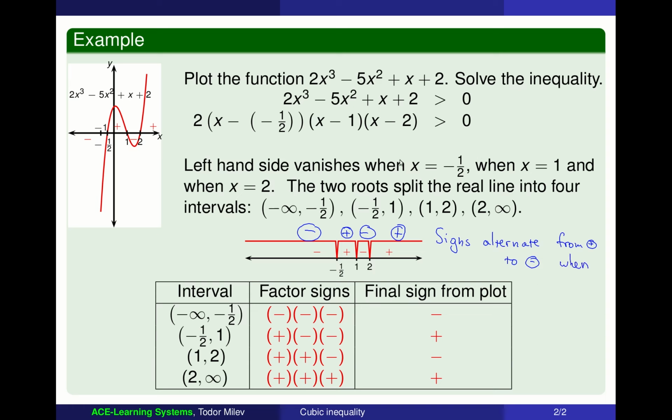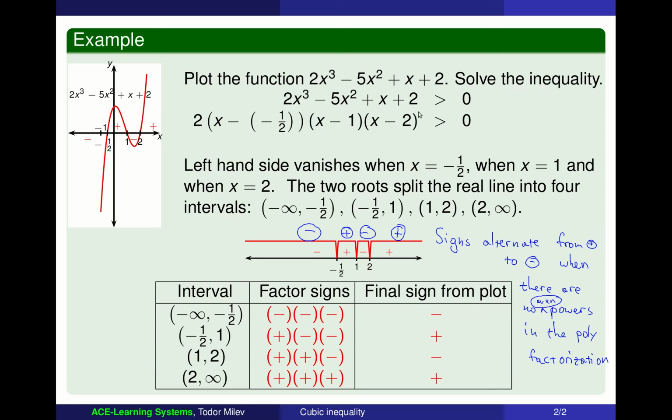When there are no even powers in the polynomial factorization. This is actually the full recipe.